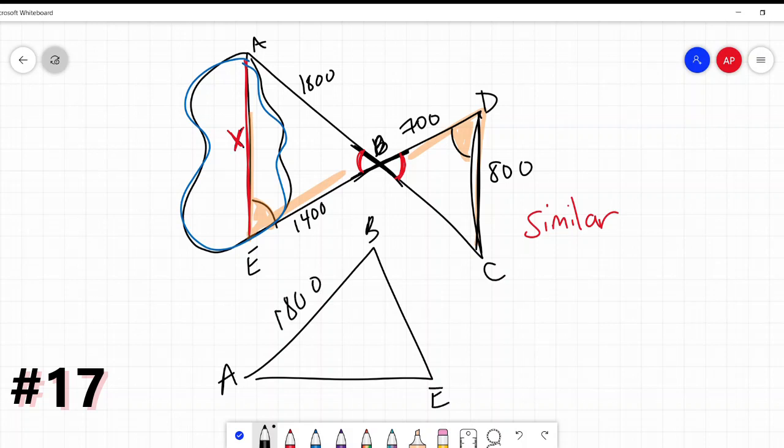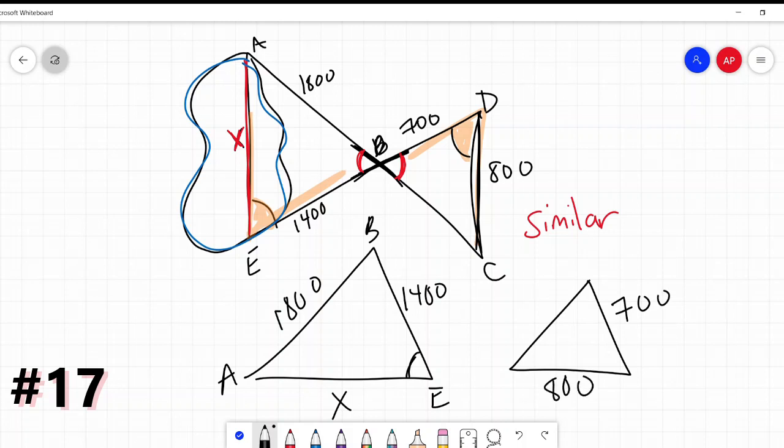We have 1800, 1400, and we have X. Okay. Then we have the smaller triangle. I am just really not good at drawing these triangles today. We are given this is 700 and this is 800. See, I'm lining them up so that they are corresponding.